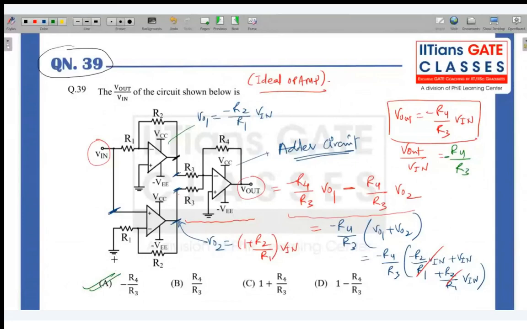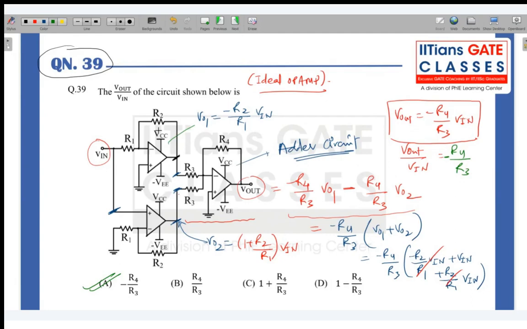So everybody understood this now? Yes, great. So see, in the regular classroom we will discuss all these things, right? But yes, okay. So the moment you see the circuit, identify the circuit, okay? Because nowadays questions are being asked where you need to know what kind of circuit they have given.